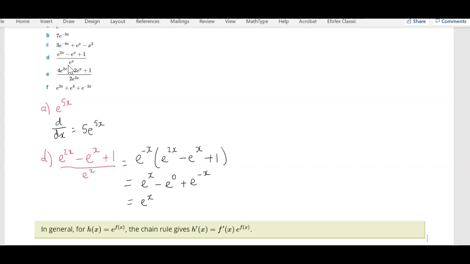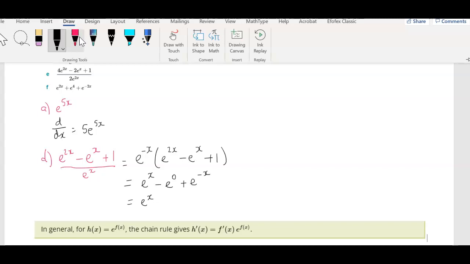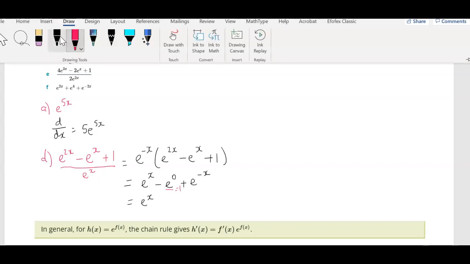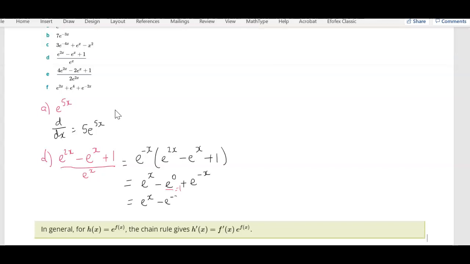Now, e to the power of 0, anything to the power of 0 is just 1. So that disappears. So that is equal to 1. Okay, so the derivative is 1 minus 1, which is 0, and then we've got minus e to the negative x. So that's your derivative, just making sure you put that denominator up the top.